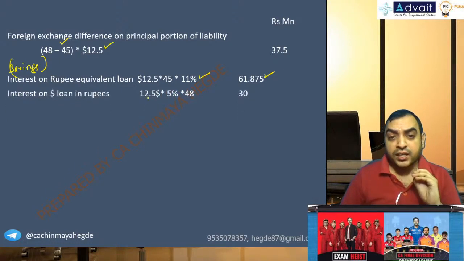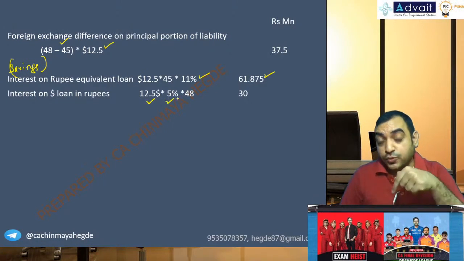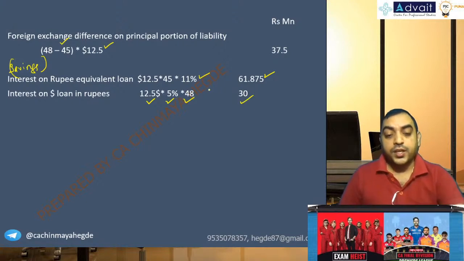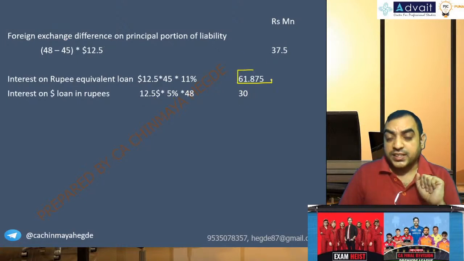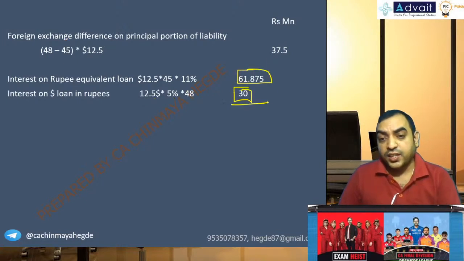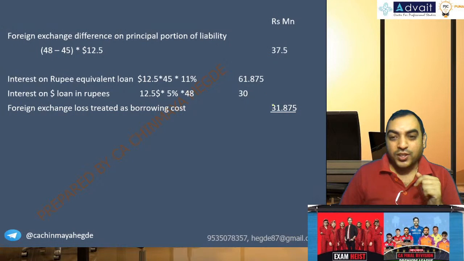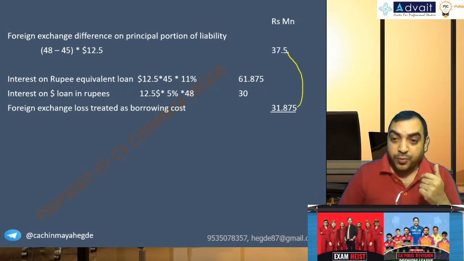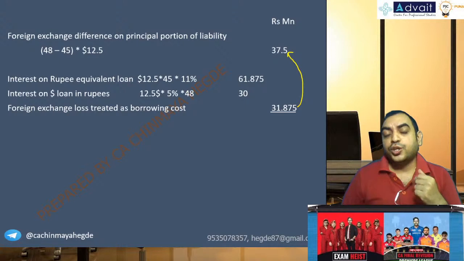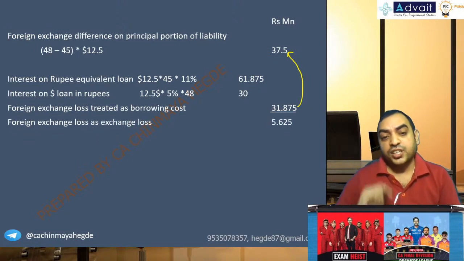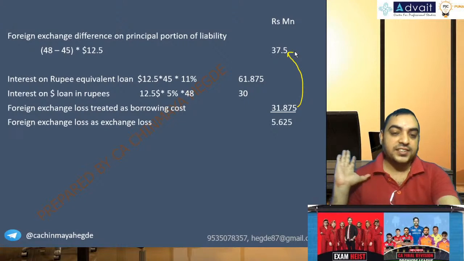But what have you actually taken? 12.5. How much rate of interest is payable? 5%. What is the conversion rate today? Because interest to be paid today is at 48, that comes to 30. So notionally you would have paid 61, but actually you are paying 30, so you are saving 31.875. But it's not really a saving because this saving you lost as a part of exchange difference. So you report this as borrowing cost, don't report it as the exchange difference, and only the balance you will call exchange difference.